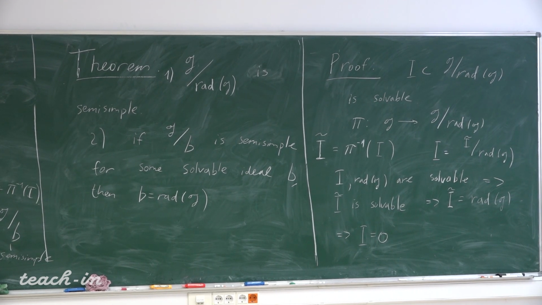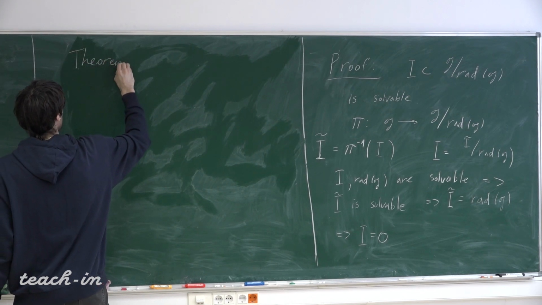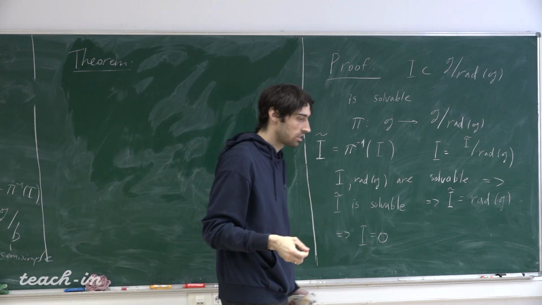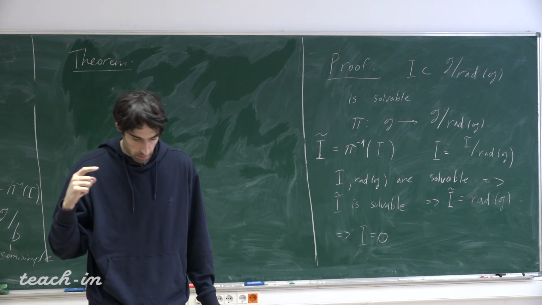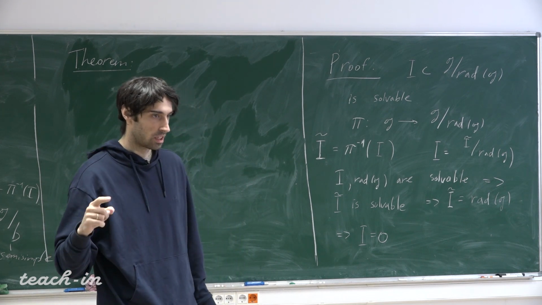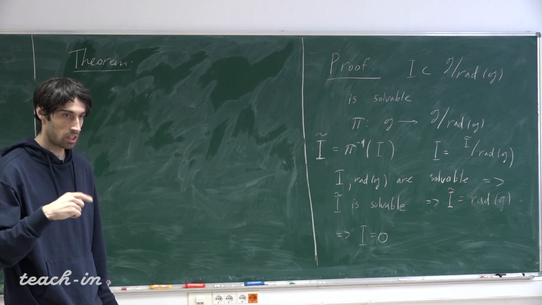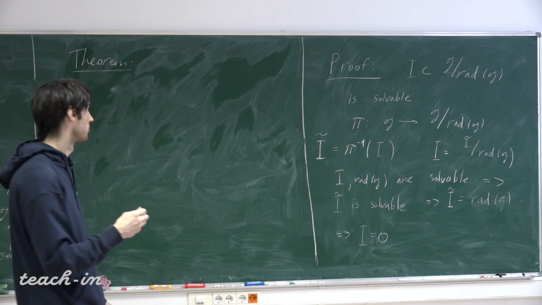So the next statement is the following. The theorem says that in every irreducible representation, the radical acts by multiplication by a scalar. They act as scalar matrices.